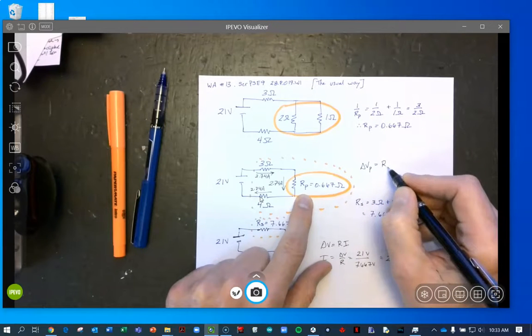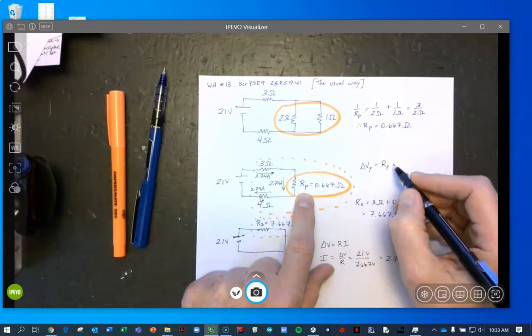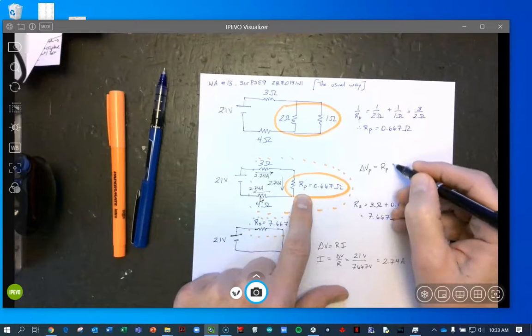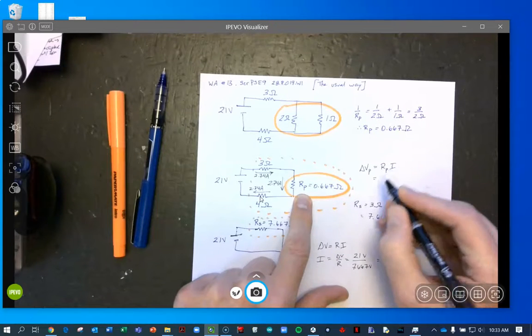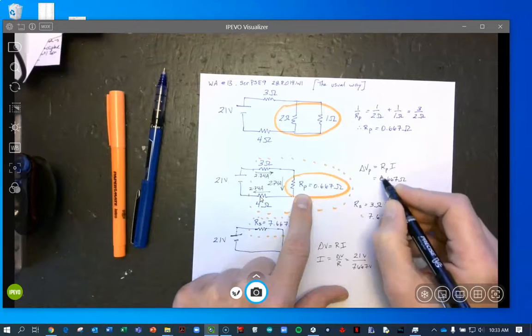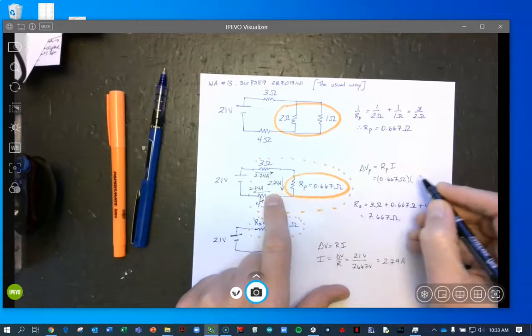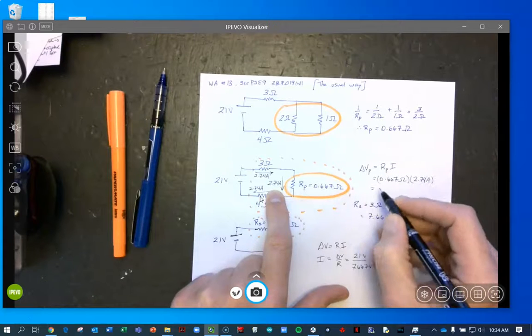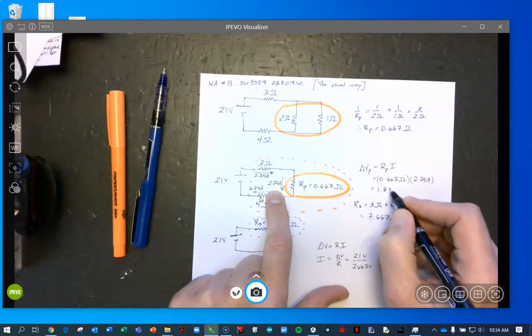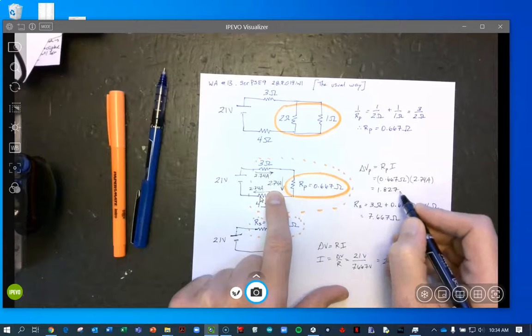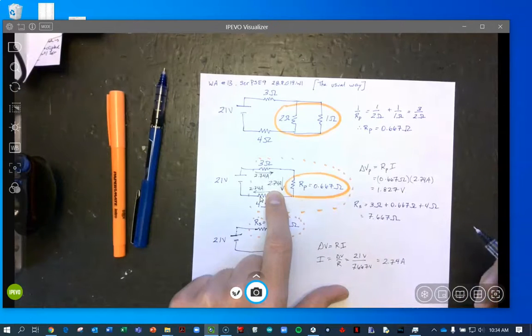That's equal to the resistance of the parallel resistor times the current. The resistance is 0.667 ohms, and the current is 2.74 amps. When we do the calculation, we get 1.827 volts.